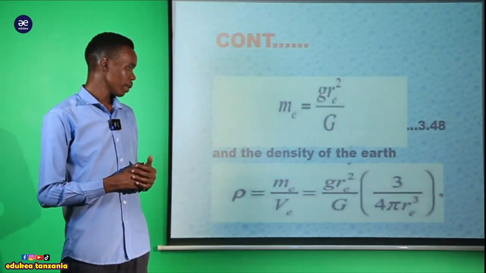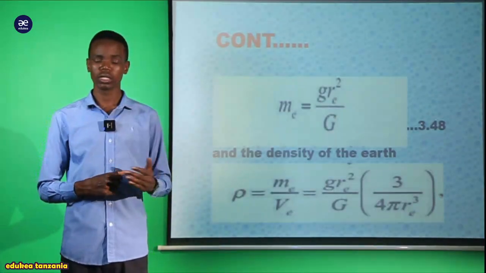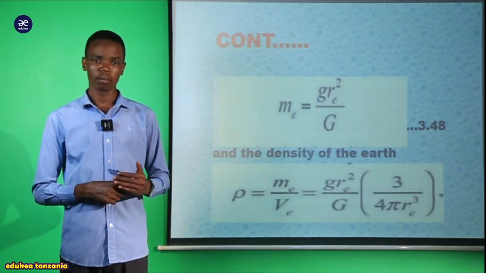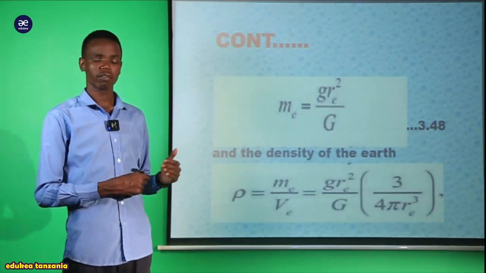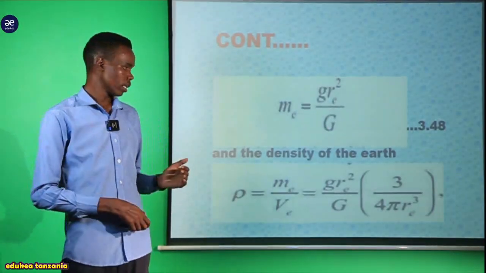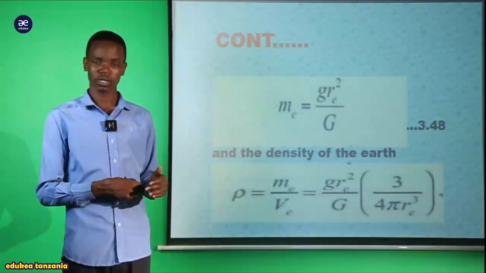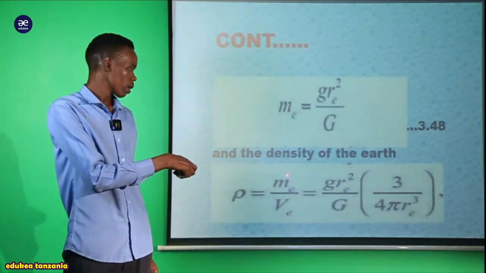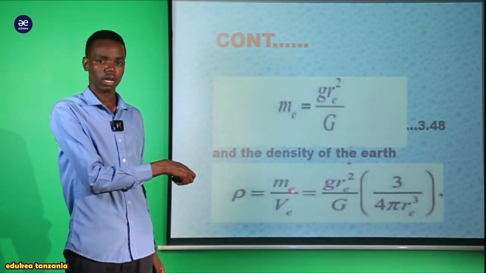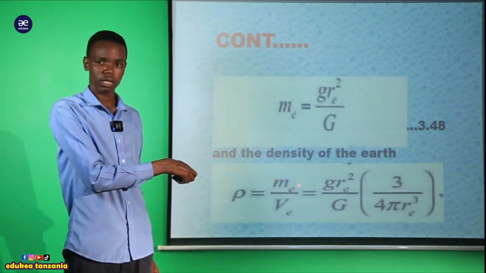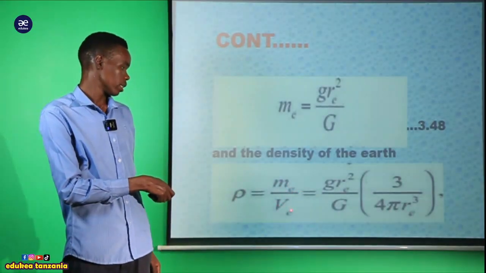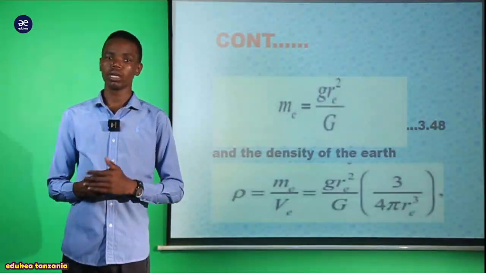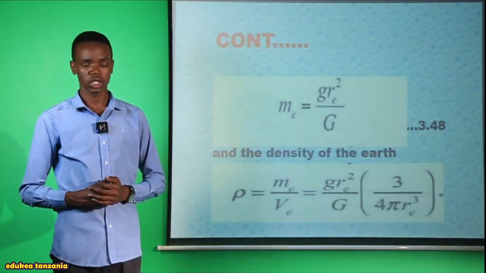So after that, my dear student, we should substitute our given values. Because above we have the mass of the Earth, we are supposed to take that formula and put it at the place where there is the mass of the Earth. Then the volume of the Earth should be equal to 4 pi r cube.